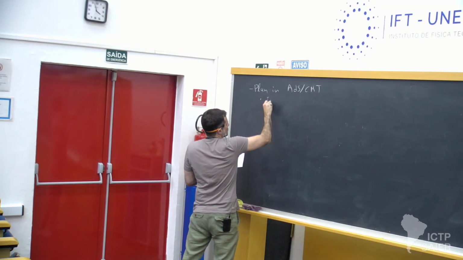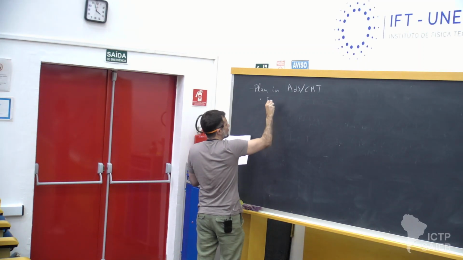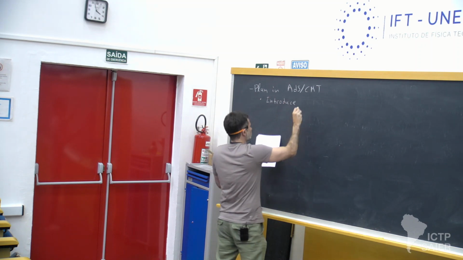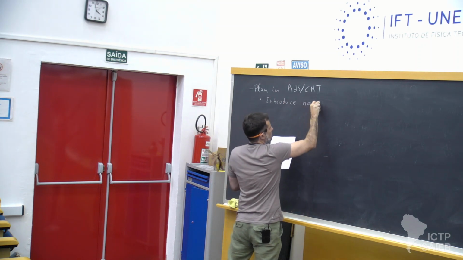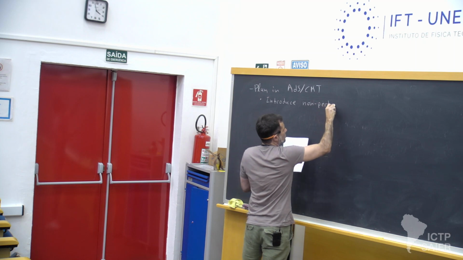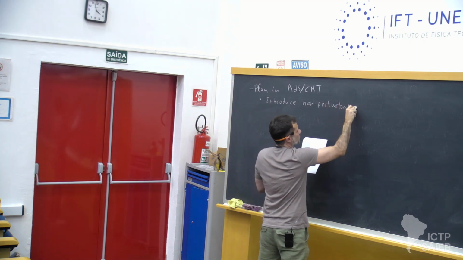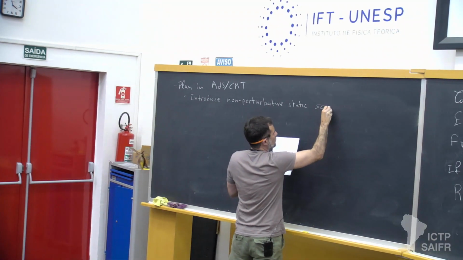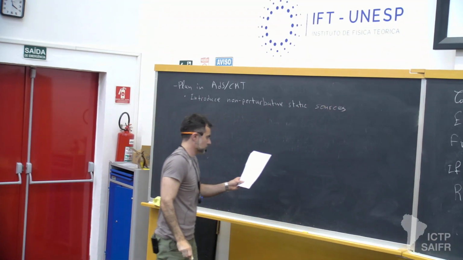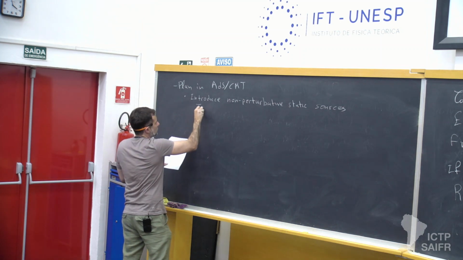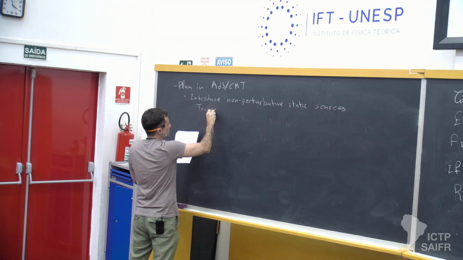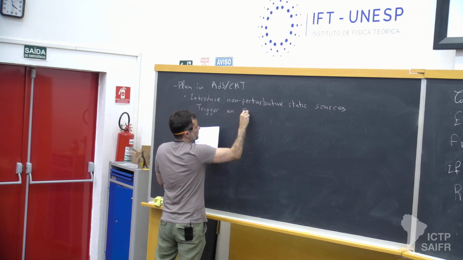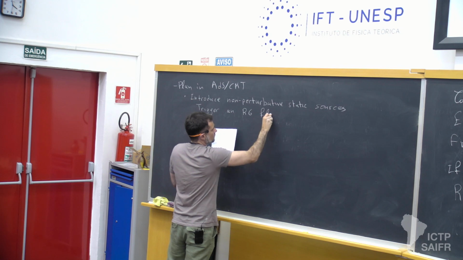The first thing that you can do with these sources is that you can introduce non-perturbative, static sources. And that will trigger an RG flow of your theory.